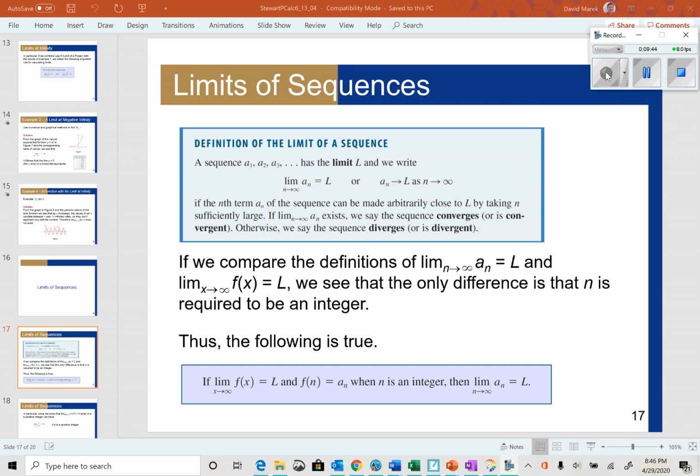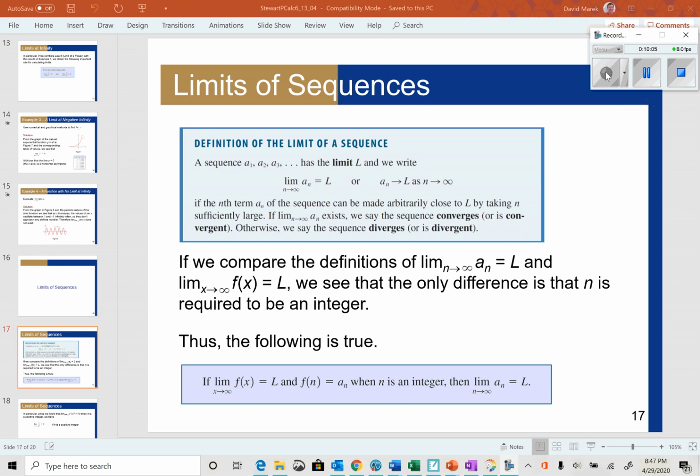So hopefully you remember back to what we talked about there about convergent sequences and divergent sequences. Again, the only difference here between what we just said about any particular function is that for a sequence, the value for n has to be an integer.